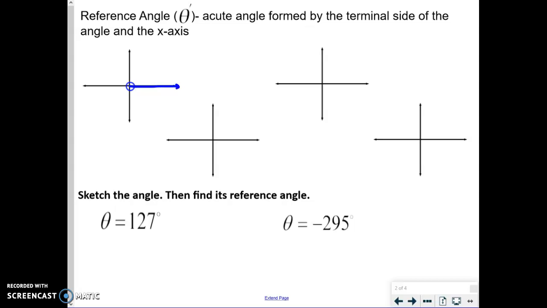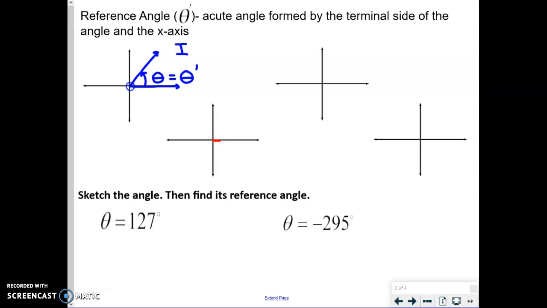In the first quadrant, the angle that's given, theta, is its own reference angle. So any angle in quadrant 1 is its own reference angle, and that's because every angle in quadrant 1 is an acute angle. So the reference angle is itself.